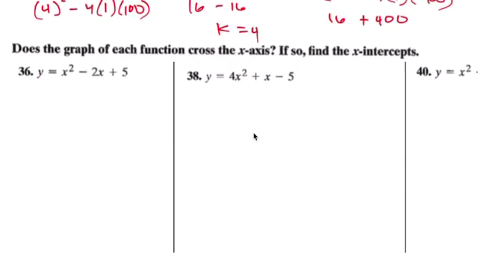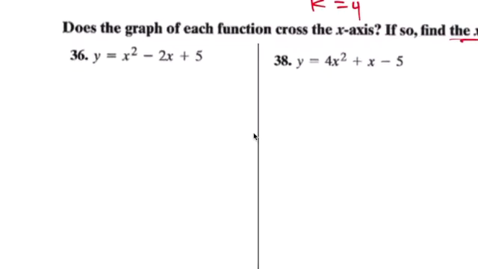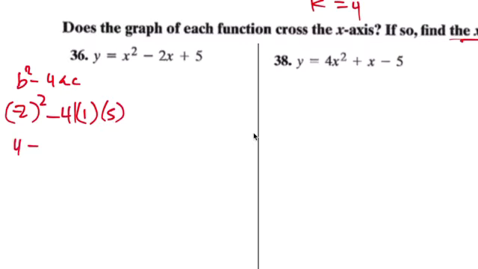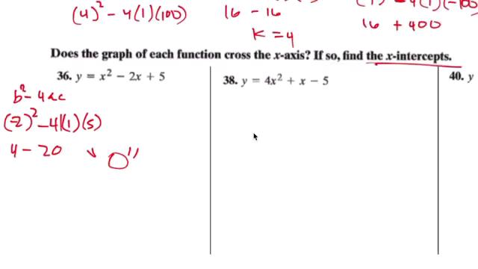Solve for x. So now here, if there is a solution, for b you need to use the discriminant, b squared minus 4ac. So negative 2 squared minus 4 times a, 1, times c, 5. So 4 minus 20, no solution, 0 solutions.